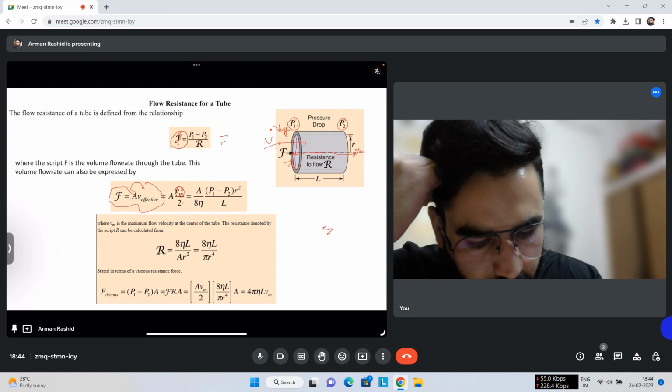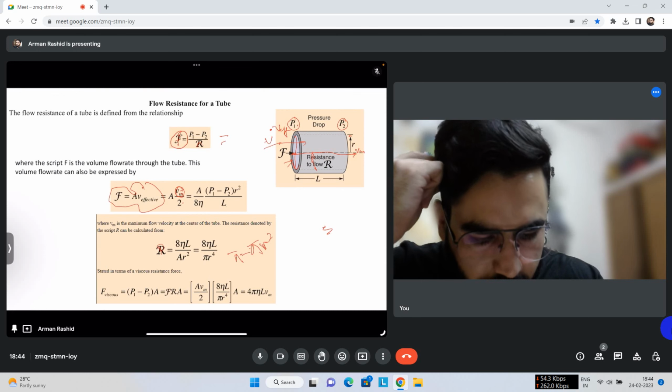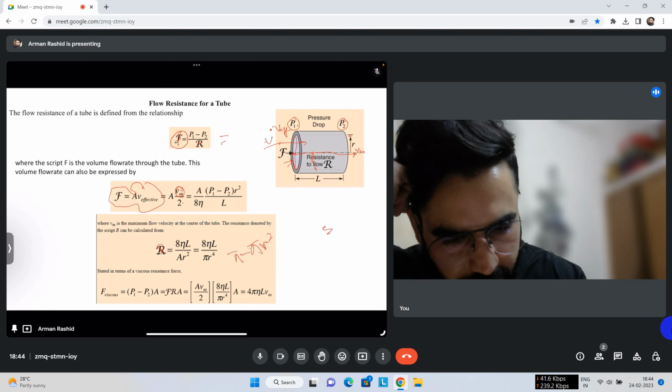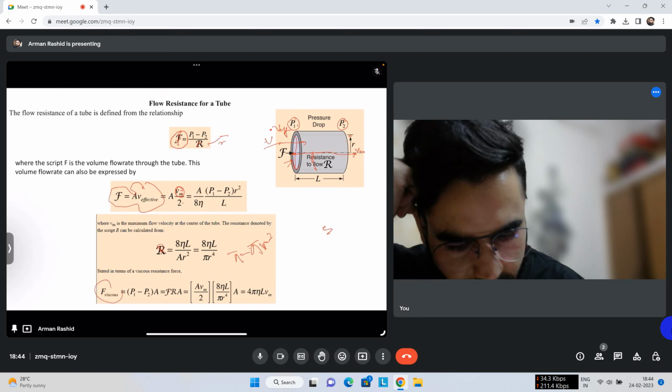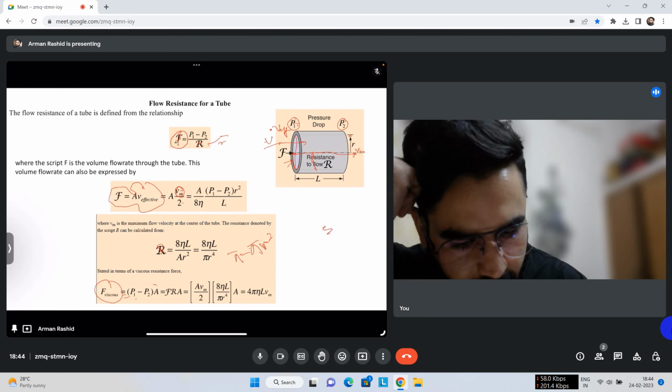We can convert this A into pi R square, because R is the radius of the tube, so the flow resistance is 8 eta L divided by pi R to the fourth. If we define it in terms of resistance force, F viscous will be given by P1 minus P2 into A, the pressure difference multiplied by the cross sectional area.